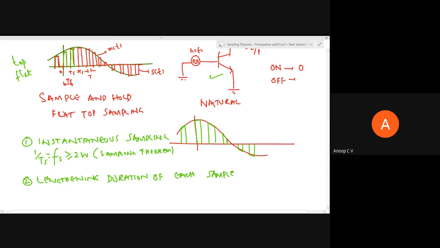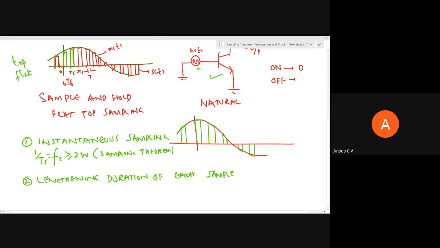Now a question may arise: why do we need to lengthen this? Why can't we keep it a very short pulse? If we use a very short duration pulse for natural sampling, the top will almost be constant, because there won't be much amplitude variation at that time. The reason is that if you reduce the pulse width, the bandwidth becomes more.